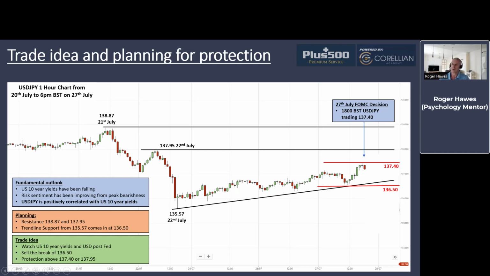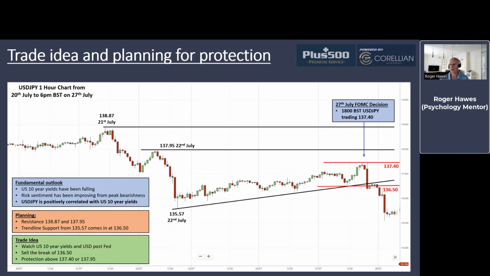So for us, we're turning negative on dollar yen, and we probably want to trade off any subsequent break of that 136.50. But bear in mind, it's a rising trend line, so we've got to take that into consideration. We've also got the FOMC meeting on the 27th to take into consideration, and that could actually be the trigger of the downside move.